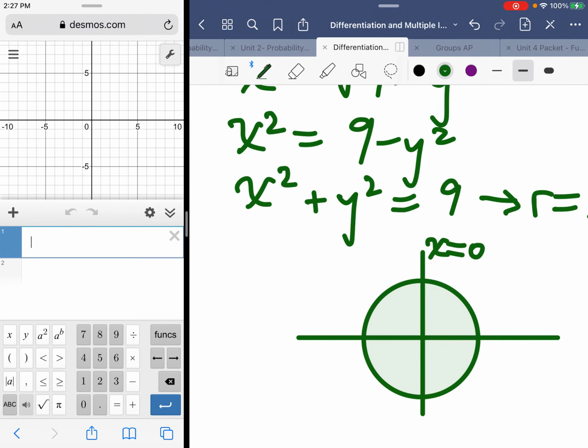It was a positive square root, so it's the top half. It's bounded by x equals 0 and the circle, right? So it's got to be with x equals 0 as its leftmost value. So all of this stuff is out. And its topmost value has to be the circle, right?